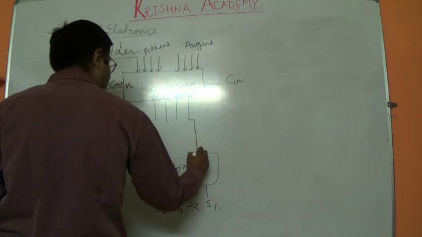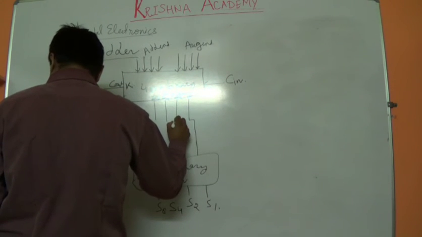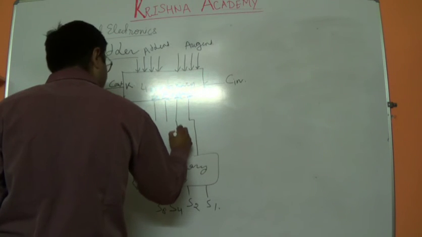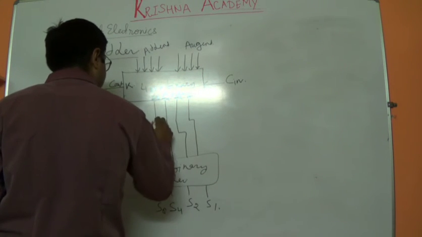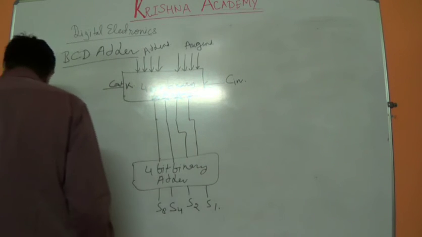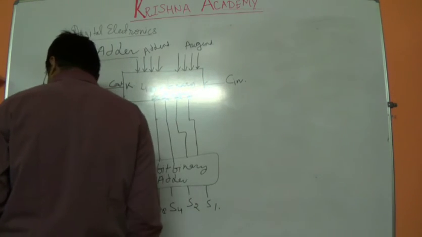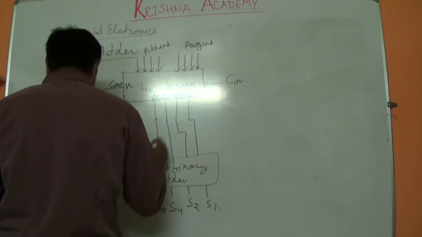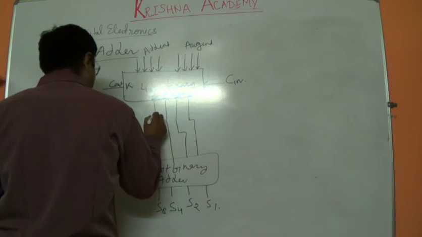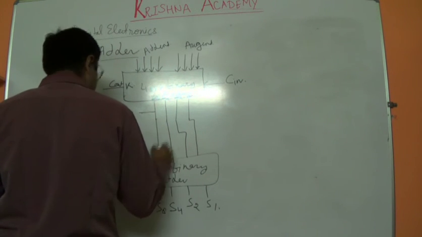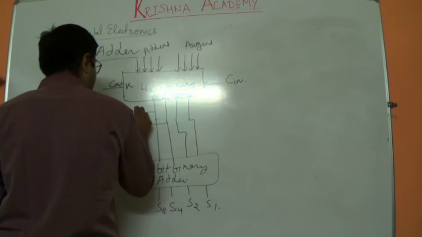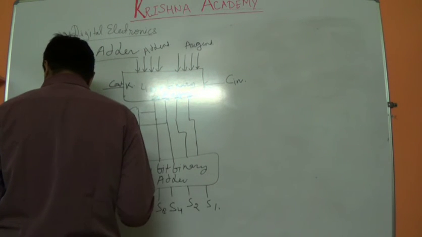We need to put them as inputs there, like this, the augend bits and addend bits. These are Z8, Z4, Z2, Z1, and then we take two of them and AND them.